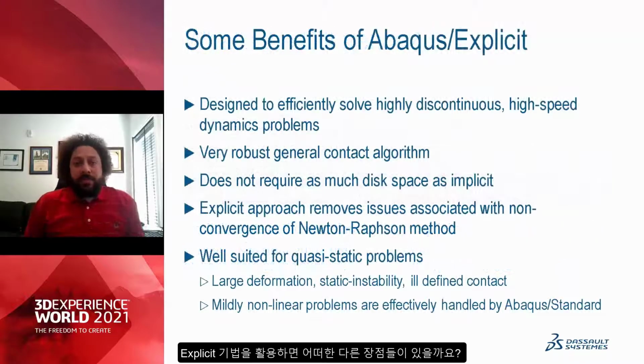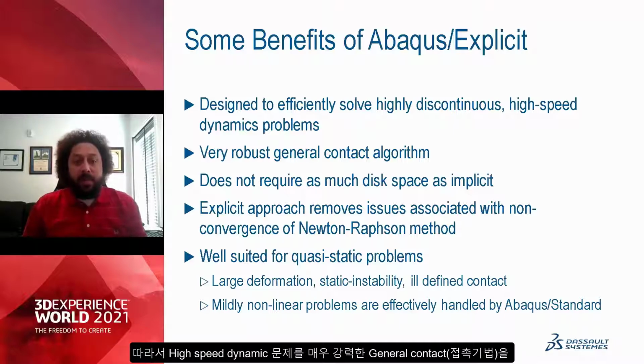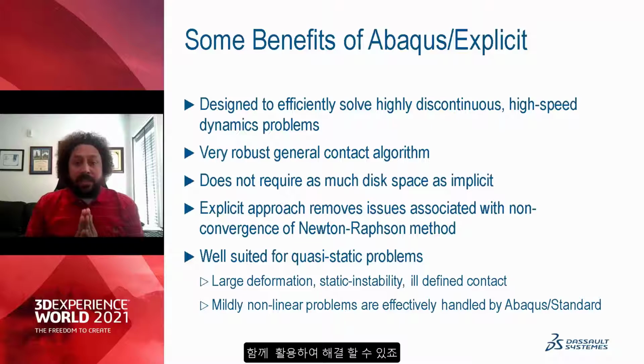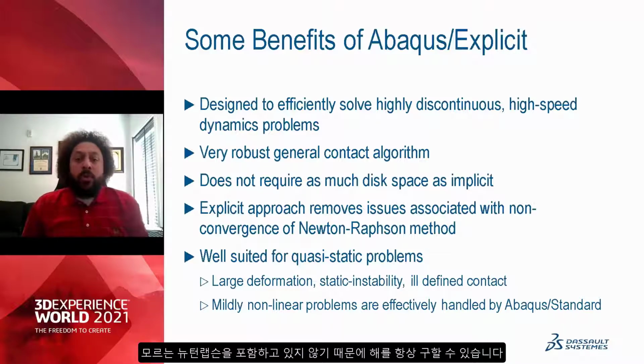So what are some of the benefits of using explicit? Well, first, this solver is really designed to solve highly discontinuous problems, so high-speed dynamics problems. It's got a very robust general contact algorithm. It doesn't require as much disk space as implicit. It removes some of the issues associated with non-convergence of the Newton-Raphson method.